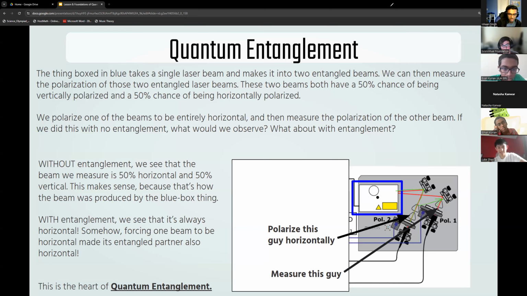So in principle, does that mean this travels instantly, not even at the speed of light, literally instantly? What's the answer to that? Does it travel instantly, or does it travel at the speed of light or the speed of sound? How is the information of the one beam being horizontally polarized carried to the other beam? Because it somehow has to be transferred, right? What's the answer?